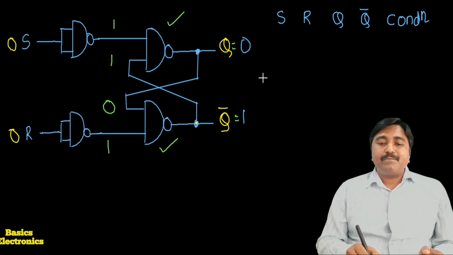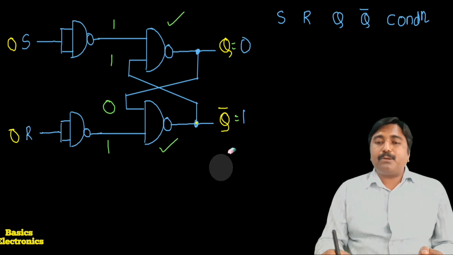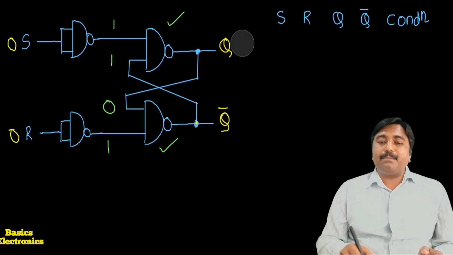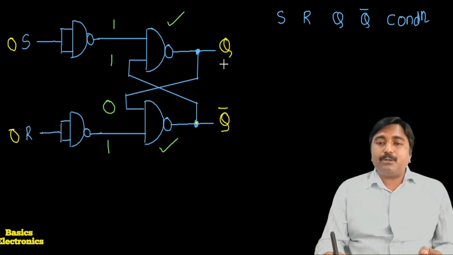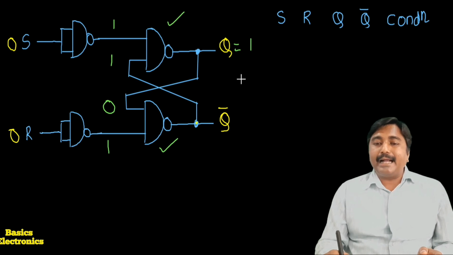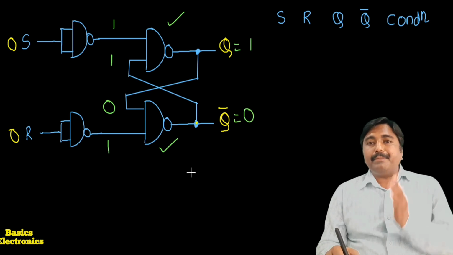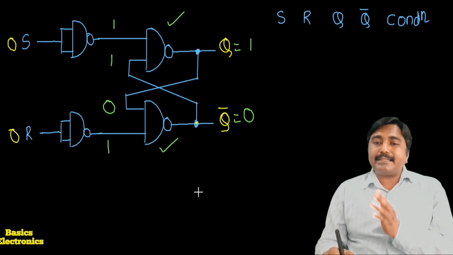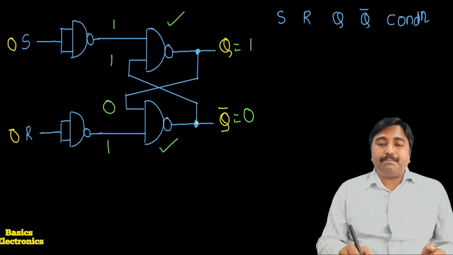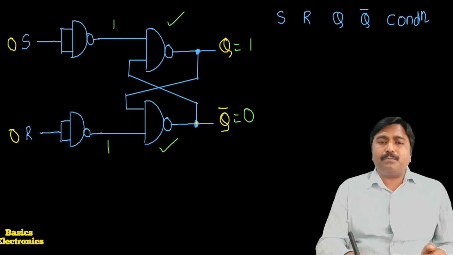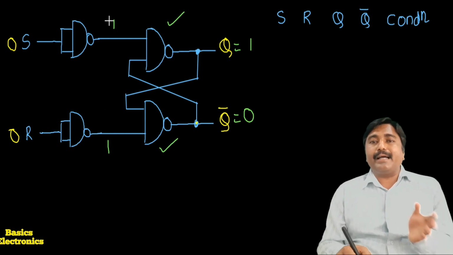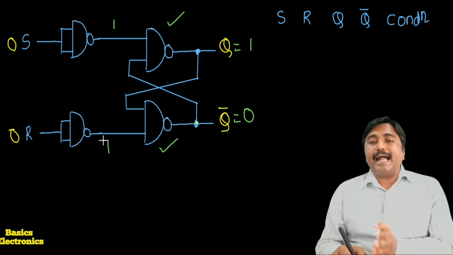We also verify the same if the flip-flop was in the set condition before application of the input. Suppose before application of the input Q equals 1 and Q bar equals 0, which means the flip-flop was in the set condition. Now we apply the inputs S equals 0, R equals 0. Here the inverters produce the outputs 1 1, and these are applied to the NAND gate flip-flop.